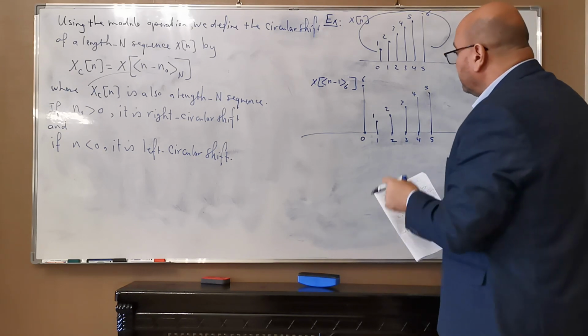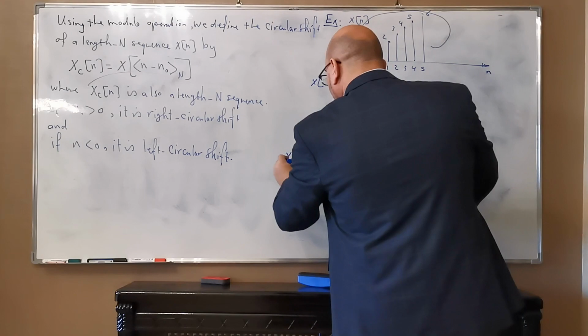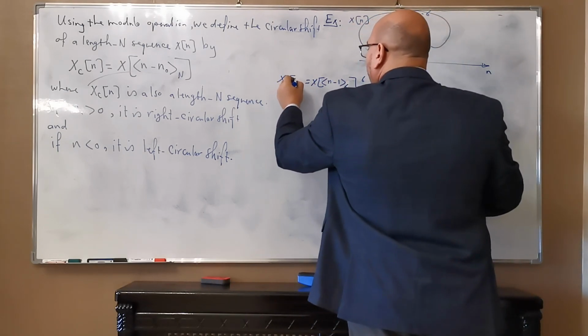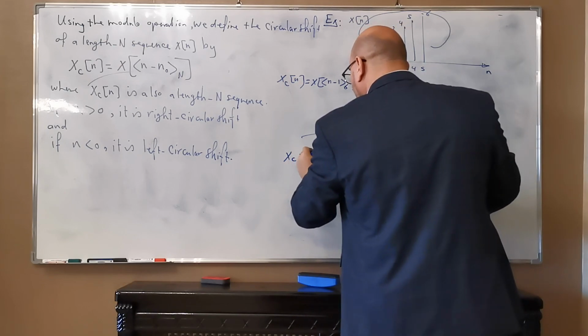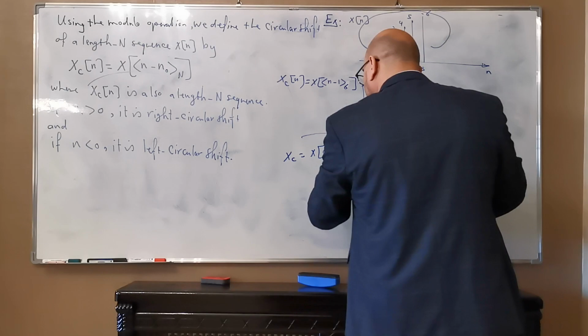And we can call this xc. So this is your xc of n. xc of n is equal to x of n minus 1 modulo 6.